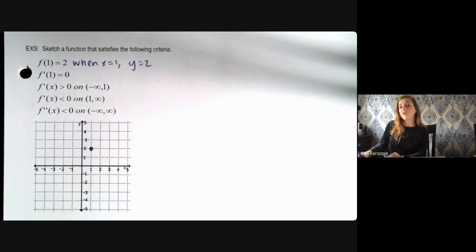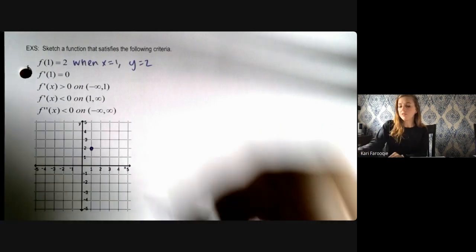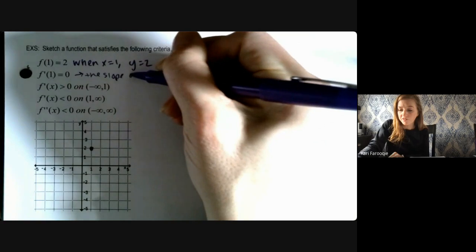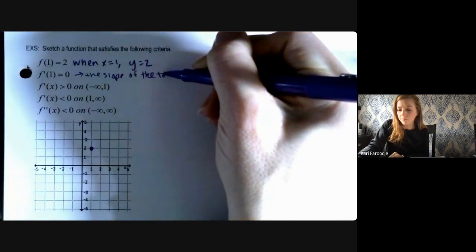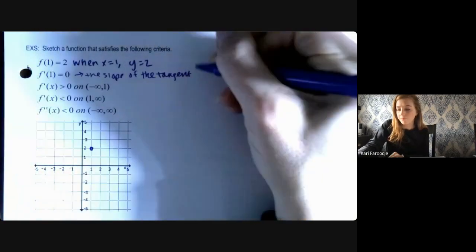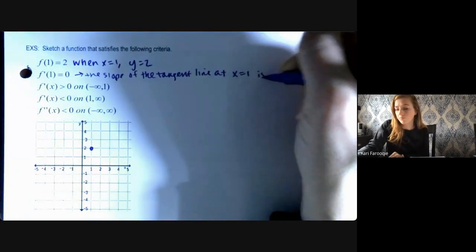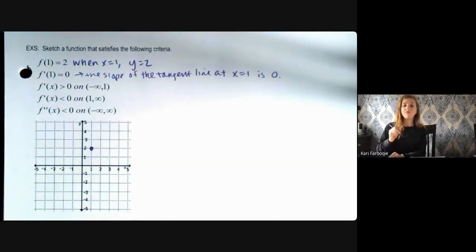So we're going to start putting this information down as we can. It also says f prime of 1 is 0. That means the slope of the tangent line at x equals 1 is 0. That means the tangent line is horizontal at x equals 1. So that must mean that we have some sort of a maximum or a minimum value.